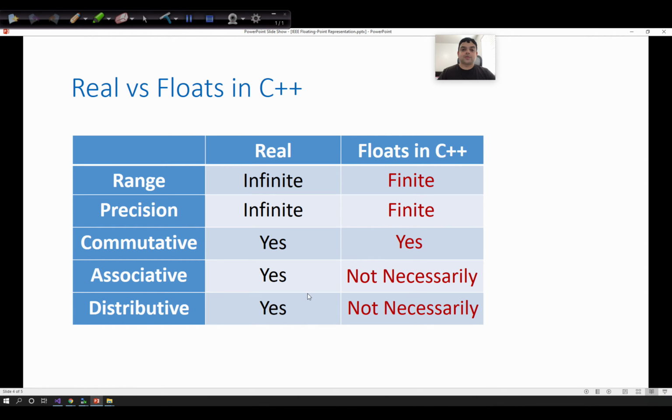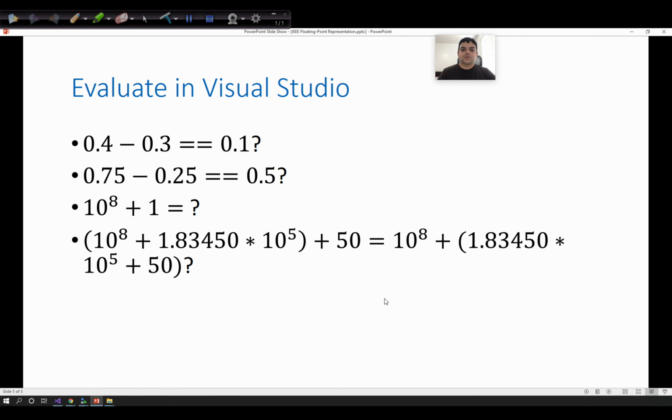We know that real numbers are both associative and distributive, but since we have finite precision and range for floating point numbers in C++, they are not always associative and distributive. This can be surprising initially, but through some examples it will become clear when these properties may fail and what we should do to make sure that we will not encounter such situations in our code. So let's look at some examples in Visual Studio.